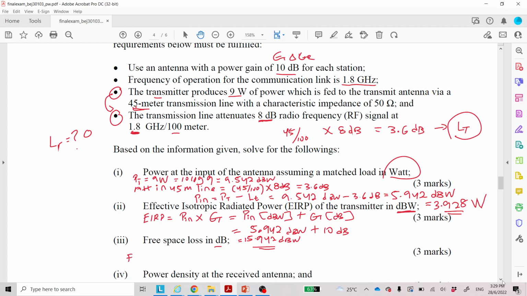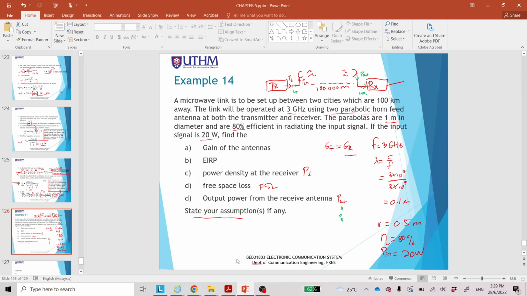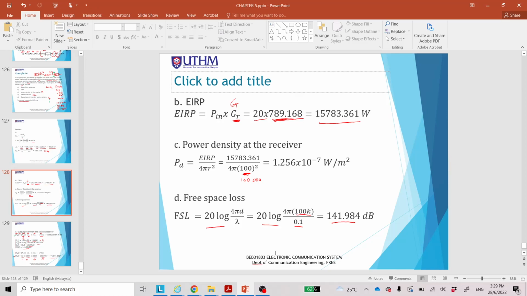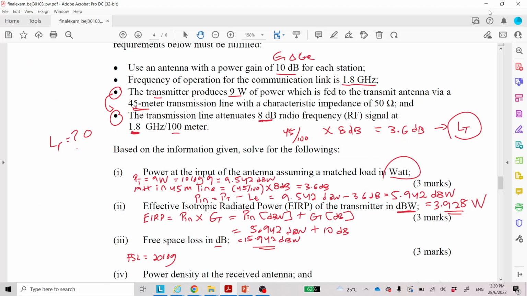So FSL is equal to 20 log of 4 pi d over lambda, where d is the distance between the transmitter and the receiver.